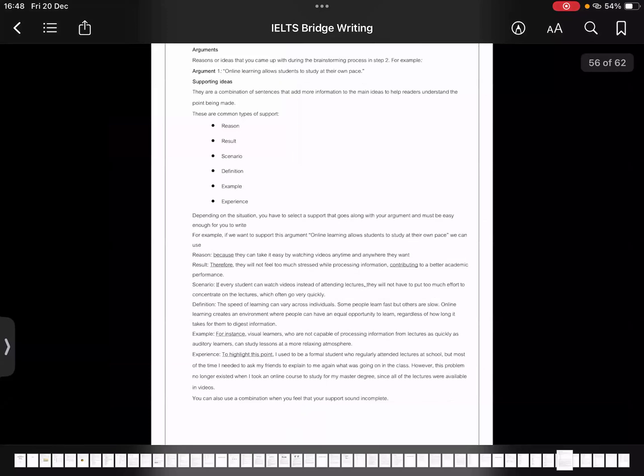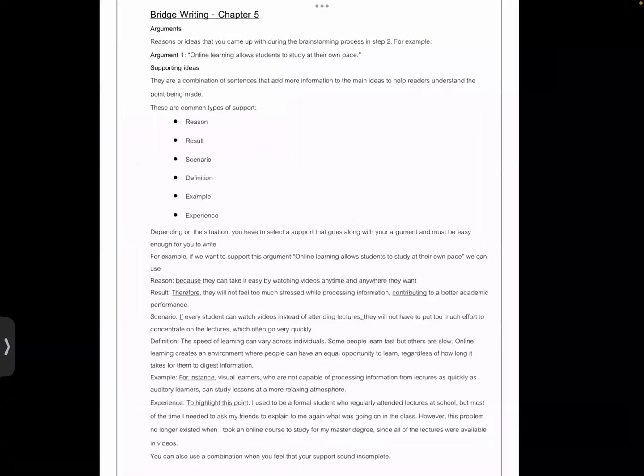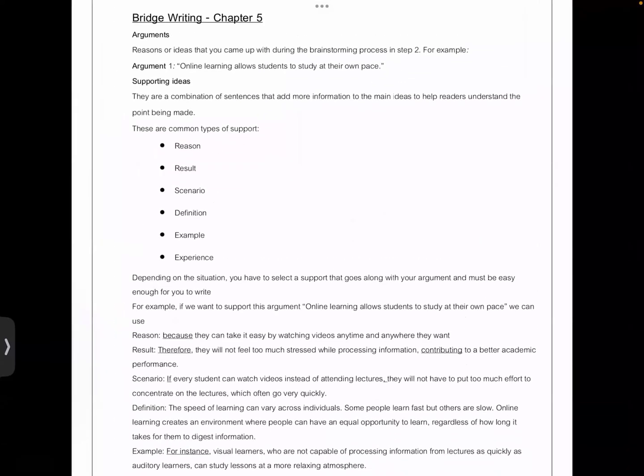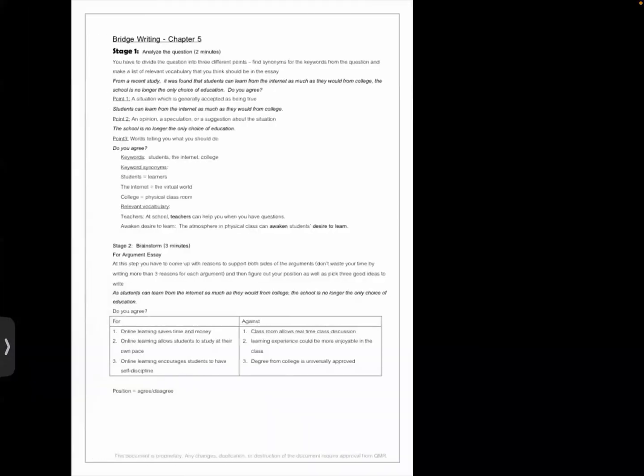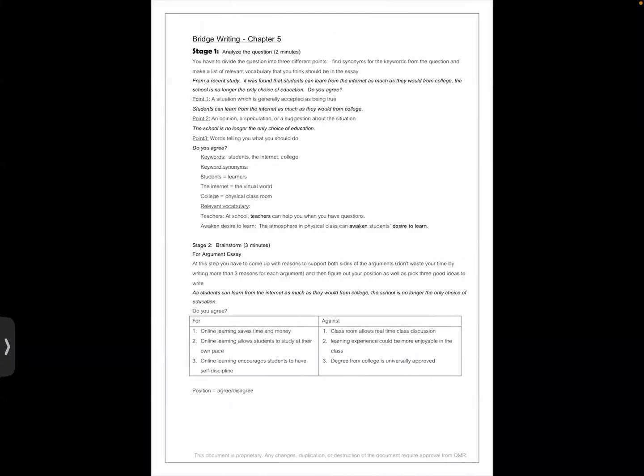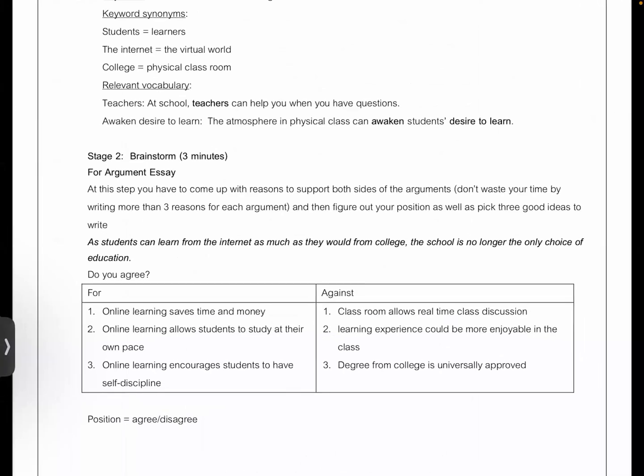All right. Moving on to how to develop an argument. Okay, so argument is reasons or ideas that you came up with during the brainstorming process. For example, if you remember from our stage 2, we were brainstorming for the idea of using the internet to obtain education instead of going to a college.